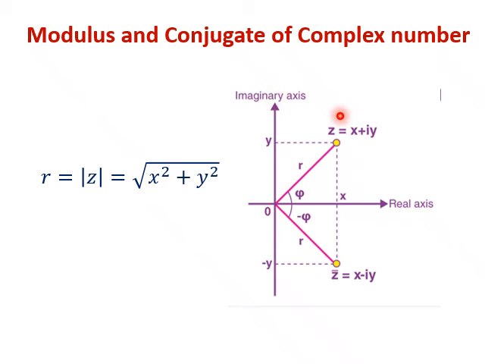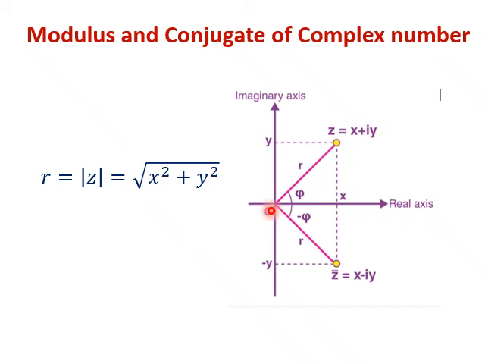We are trying to represent a complex number z equal to x plus iy. How do you represent it in a graph? The real part is x, this distance. The imaginary part is y, this distance. This point can be represented as x plus iy.